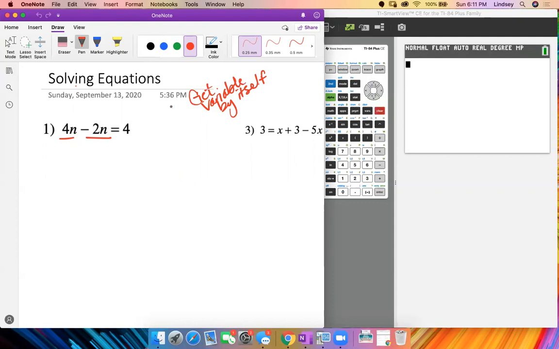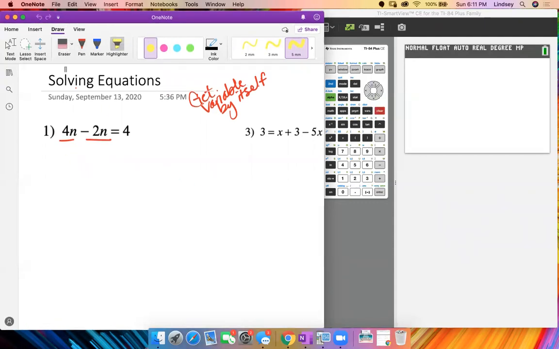So I need to combine them together. So when I have 2 of the same variables, I need to combine them. So if they're on the same side of the equal sign, which they are, notice they're both on the left side over here, I can just do whatever operation it tells me to do.